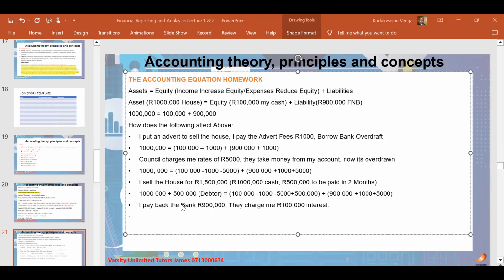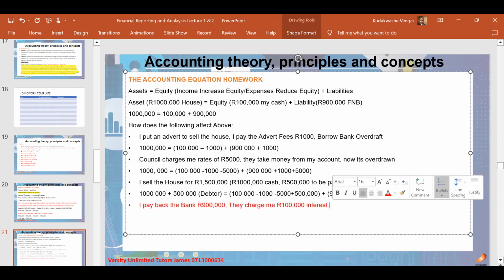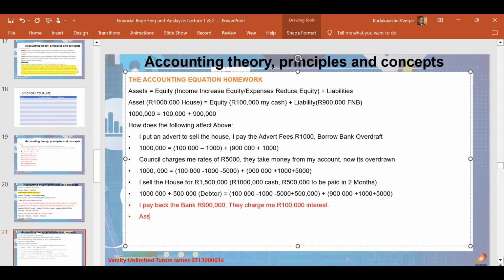So you should be able to tell for each transaction how it affects assets, equity, and liabilities. For example, if I ask you this last question, how does it affect the different things? In terms of my assets, if I pay the bank back 900,000, and they charge me 100,000 in interest, I'm going to see a decline in assets because I'm going to have to pay them using cash.